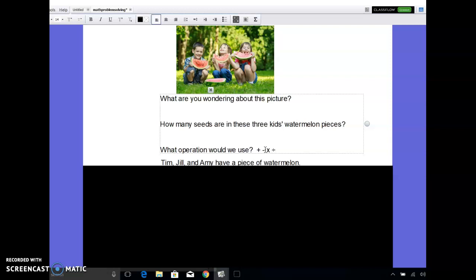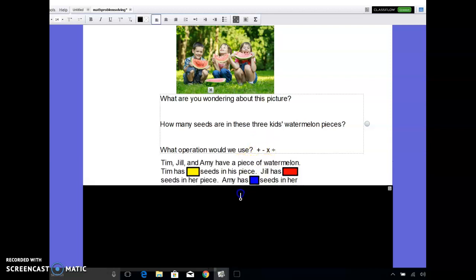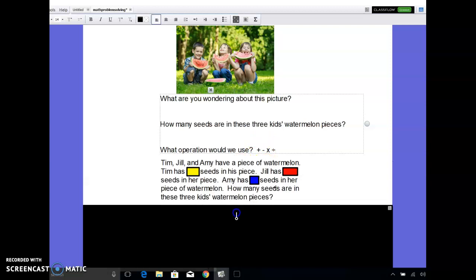So what operation are you thinking so far that we might use here? Okay. I don't feel like we're taking anything away, so I'm not sure that we would use subtracting. And I'm not sure that we're dividing things into groups, but let's take a look at the problem. So here's the problem.